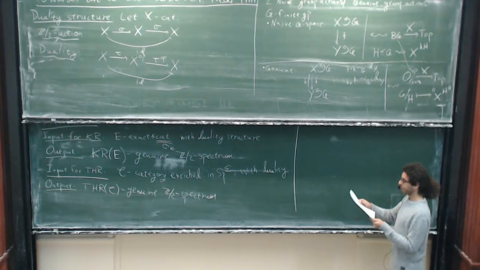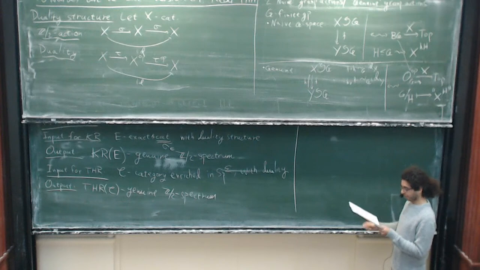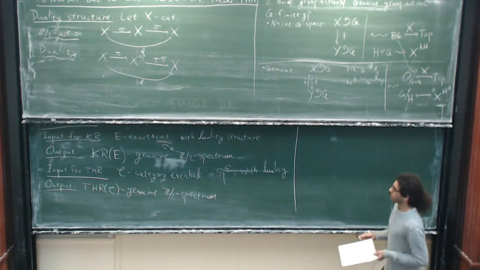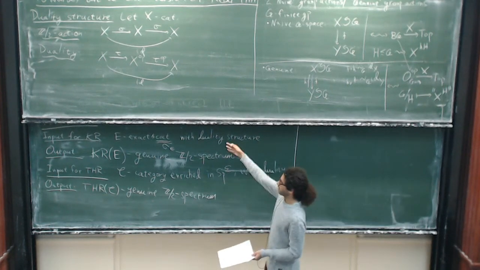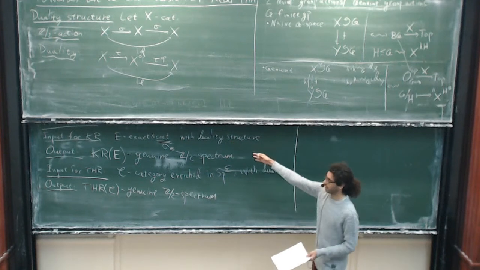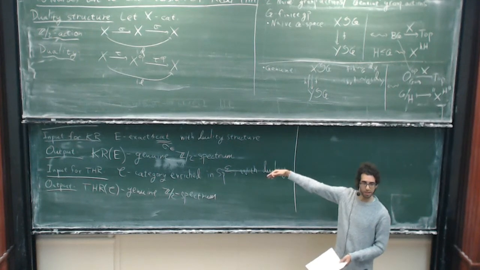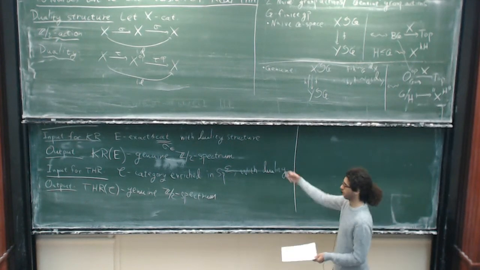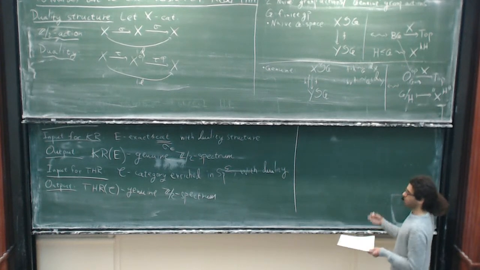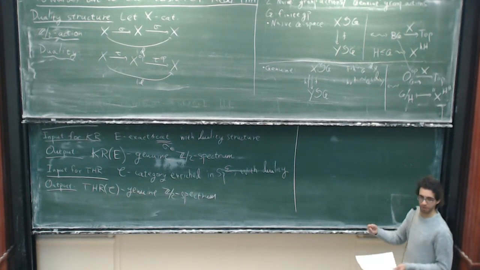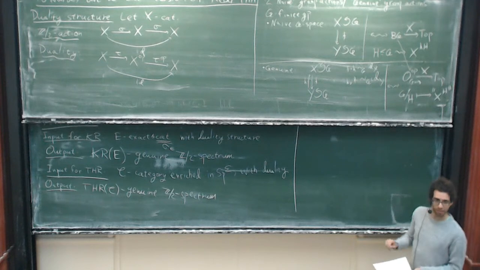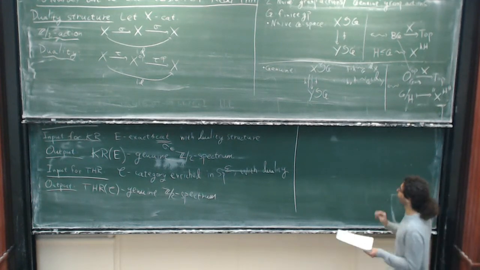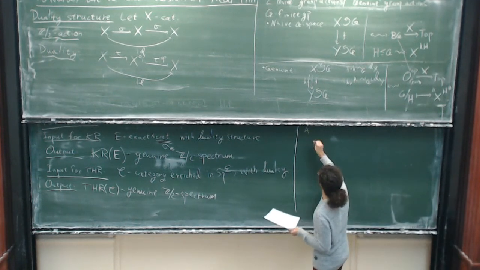Okay, so just to see what we're dealing with, we want a connection between algebraic K-theory and THH, also in the real setting. So let's take an example that is applicable in both cases. Let's focus on a simple example to begin with.